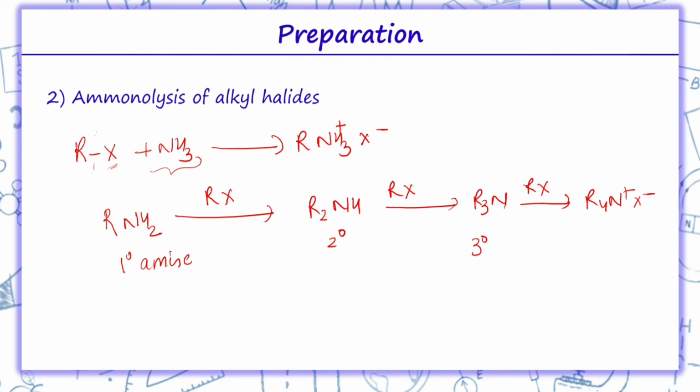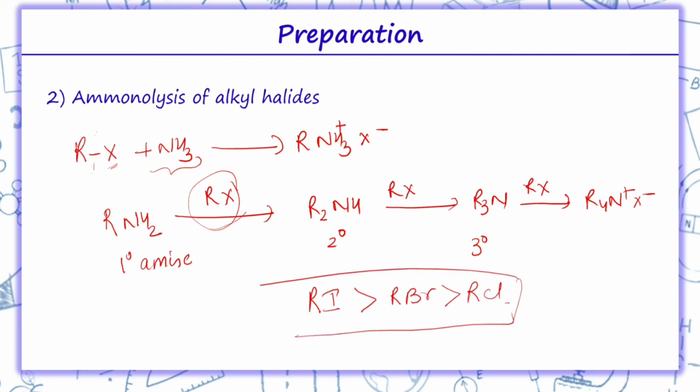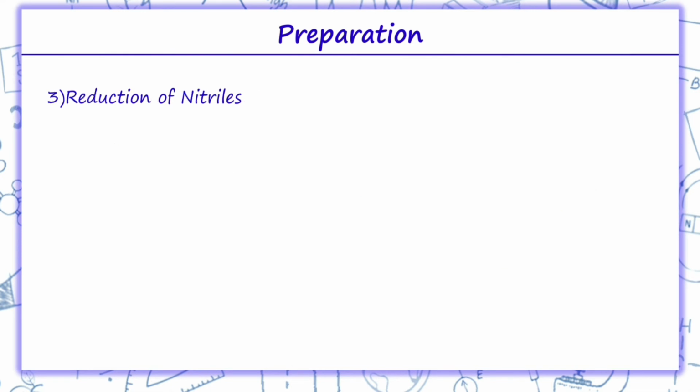If ammonia is taken in excess, then we get primary amine, but if alkyl halide is taken in excess, then a mixture of primary, secondary and tertiary amines is formed. Now the order of reactivity of halides with amine is iodides are more reactive, then bromides and then chlorides. So this was about ammonolysis of alkyl halides.